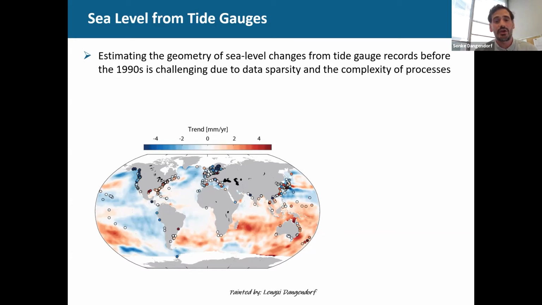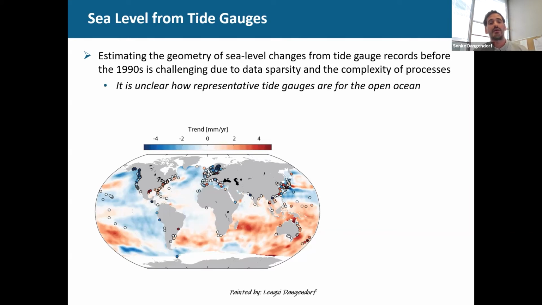If we look at the rates of sea level change from tide gauges in comparison to nearby satellite altimetry in more detail, we see that there are several dots that are significantly different from the maps that we get from satellite altimetry nearby.